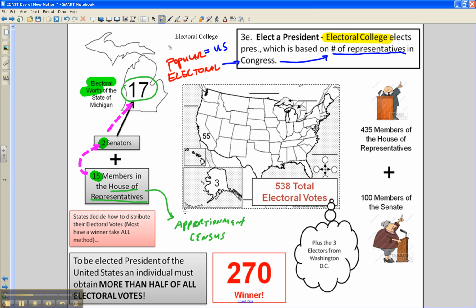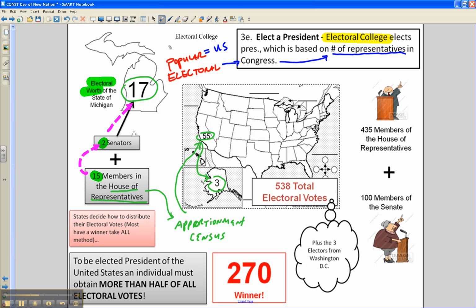Now, the most that any state has at this time as a result of the 2000 census is California with 55. As previously stated, the fewest you can have is 3, 1 person in the House plus their 2 senators. California in this case would have had 53 people in the House plus their 2 senators. So that's one extreme to the other. Michigan is kind of in the middle at 17.